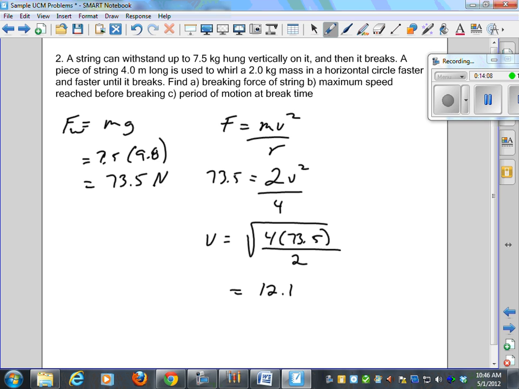No, it shouldn't be. 12.1 meters per second. Now, interestingly enough, this is a velocity, but are you ever going to get a negative value out of that? No. How can you when it's a square root? I took the 4 up there and multiplied, then divided by the 2, and then took the square root.